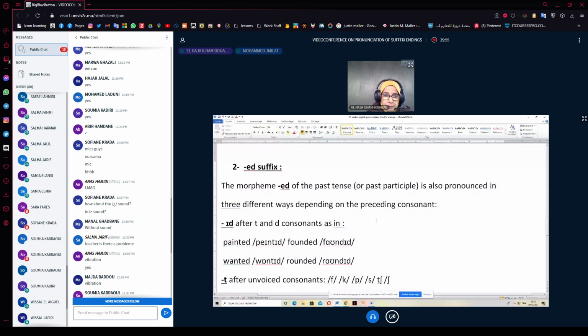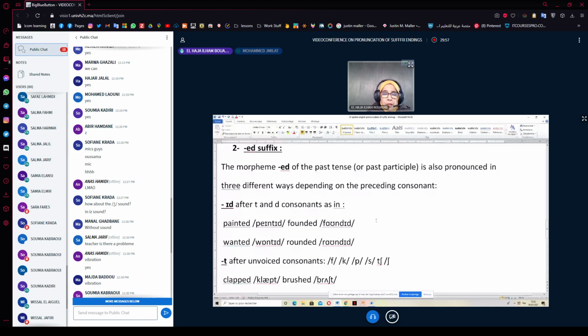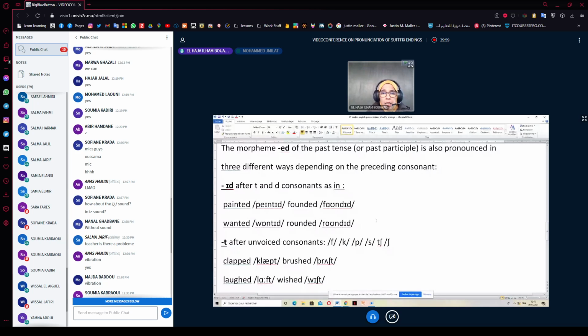So the first pronunciation of -ed when it is attached to verbs is, as you can see here, id. Where do we pronounce it? Look at the examples here.